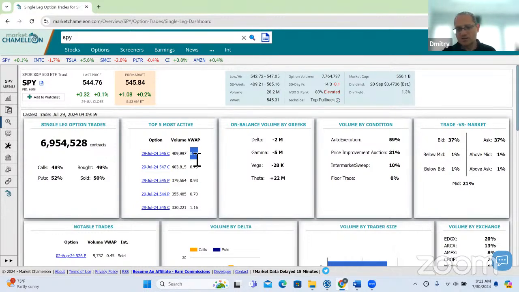There are different prices it traded at, but that is the volume weighted average price. Which means you take the price that each trade executed at, multiply that by the volume, do that for each trade, then sum them up and divide by the total volume. That's your VWAP price.